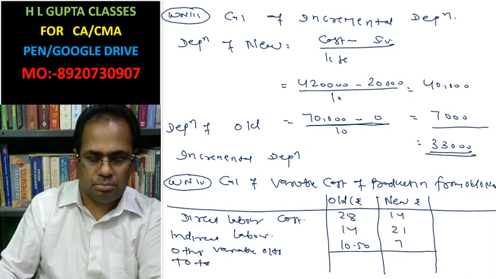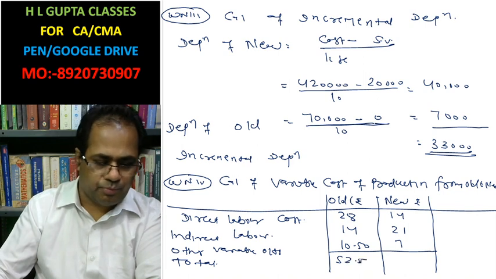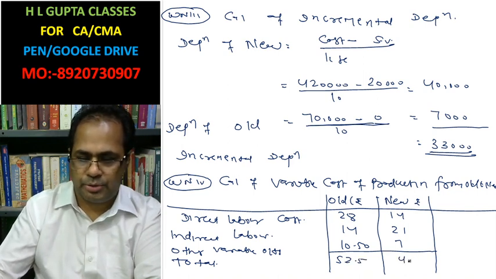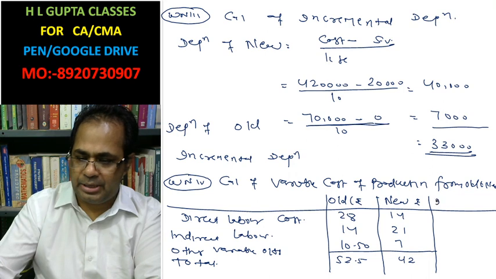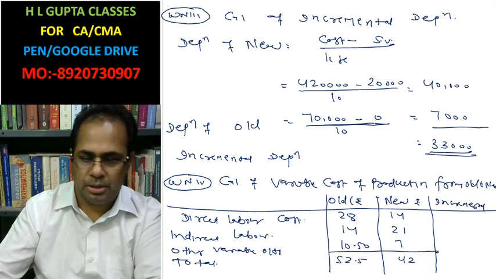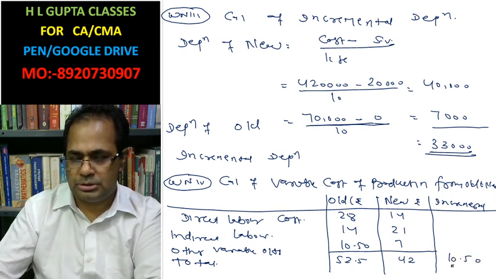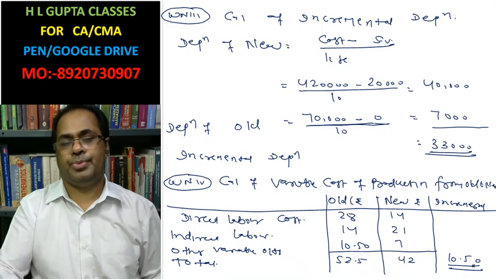Total: old is 52.5, new is 42. Here I am writing incremental: 10.50.